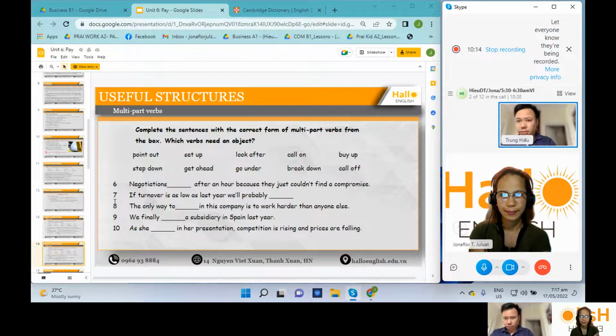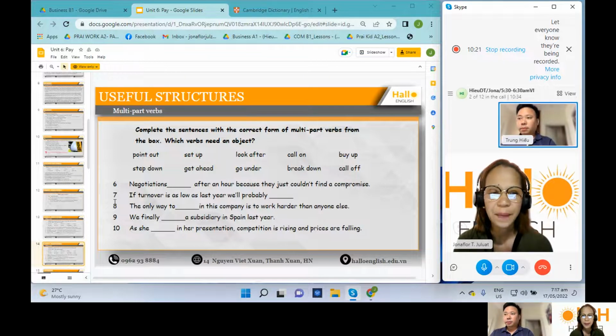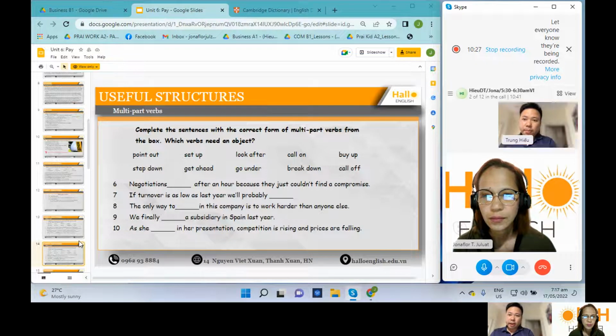Go under. Yes, if turnover is lost, you will probably go under. Okay. Number 8. The only way to blank in this company is to work harder than anyone else.